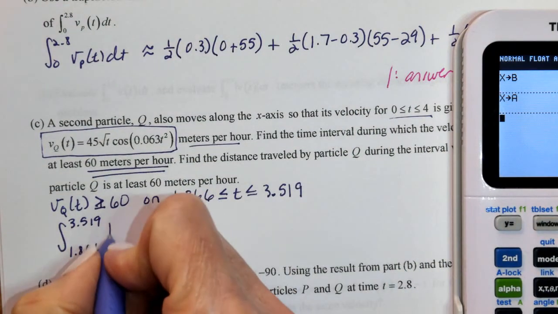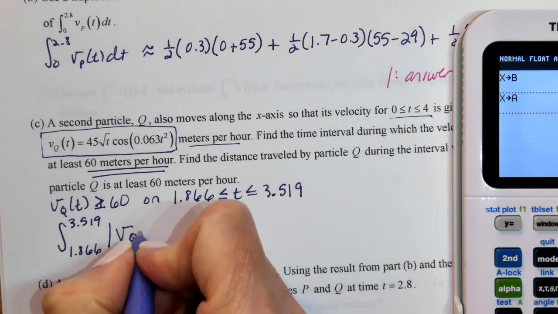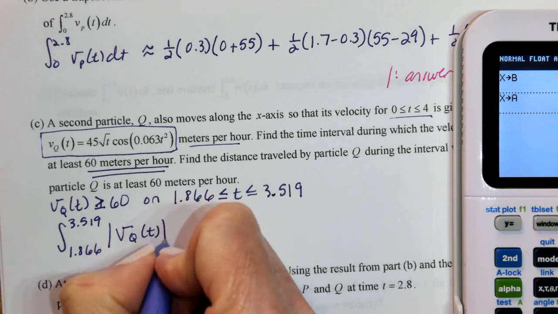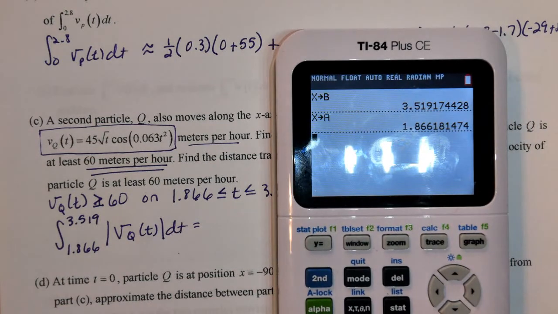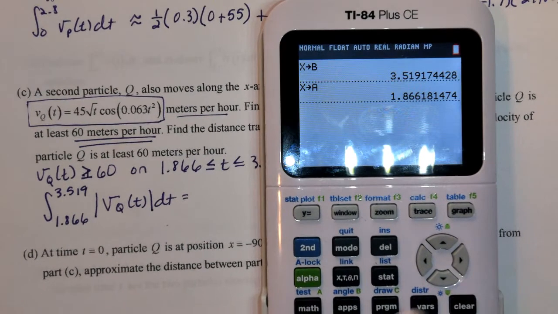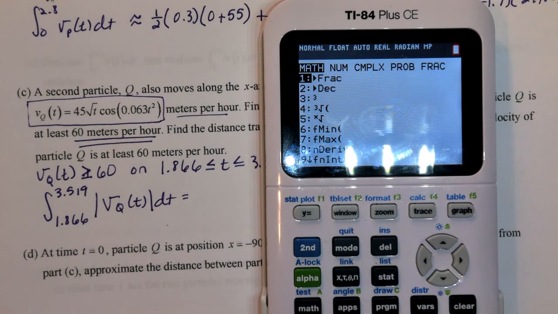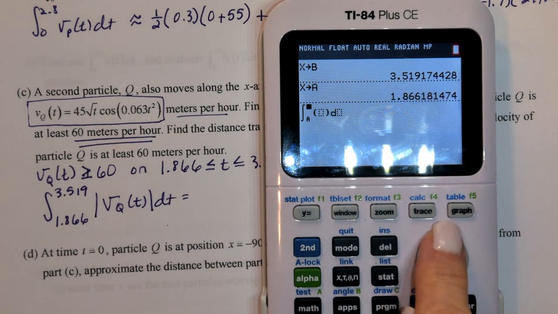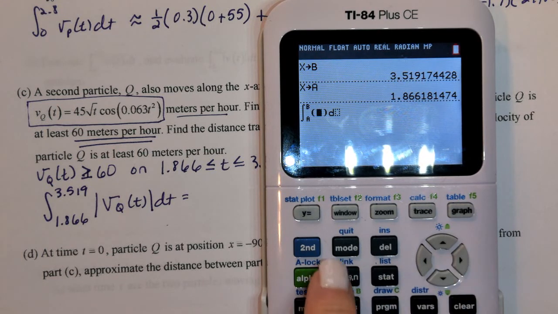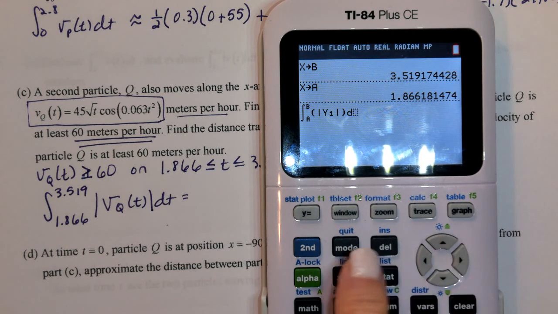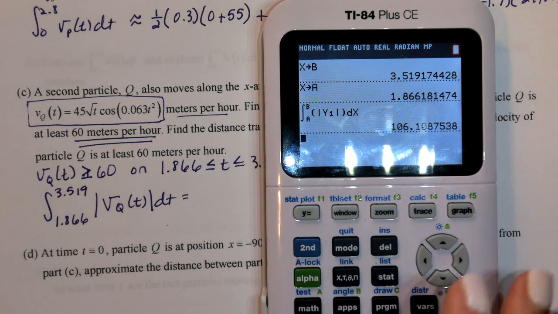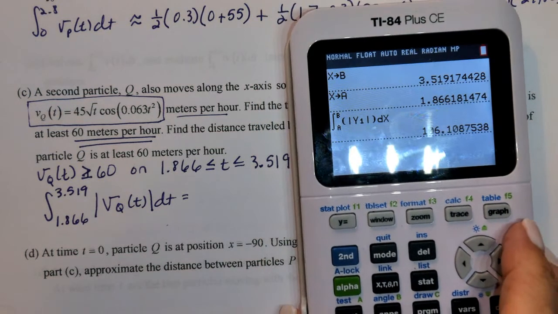So again, this is going to be the absolute value of V, or the square root of V squared. Either one, same answer. So math 9, A to B of the absolute value of my y1. And I get 106.109.